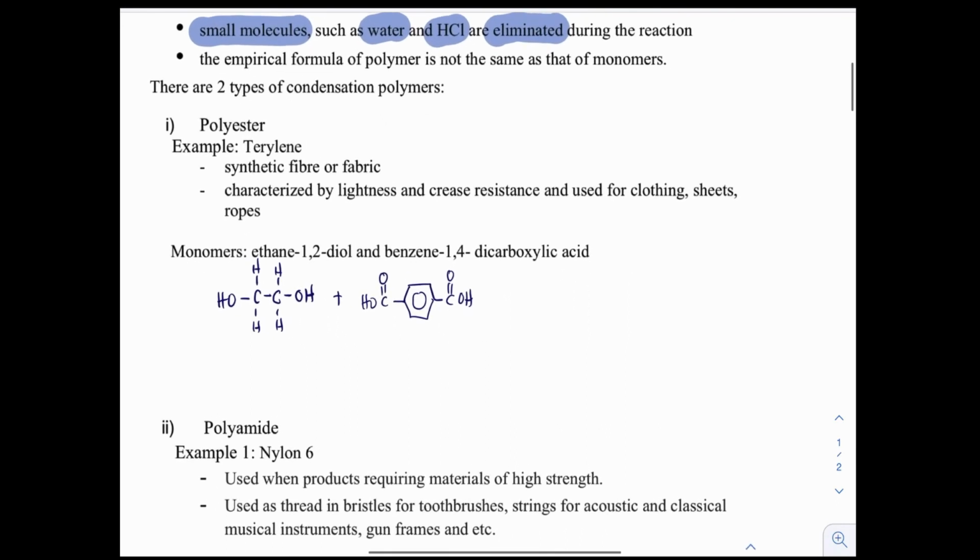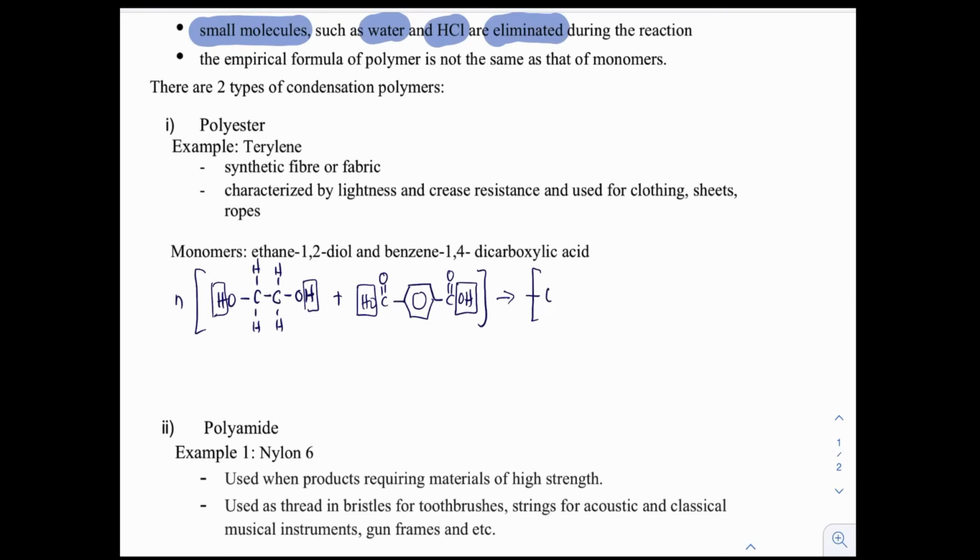So from what I have taught you just now, we will need to remove the H from the alcohol side and the OH from the carboxylic acid side. So we put a big bracket and we put n, because in order for polymers to form, we will have n mole of this monomer.